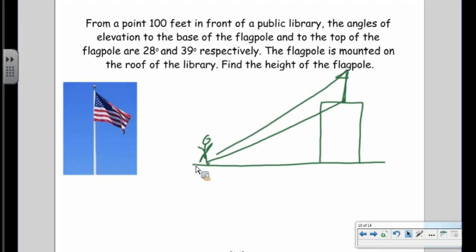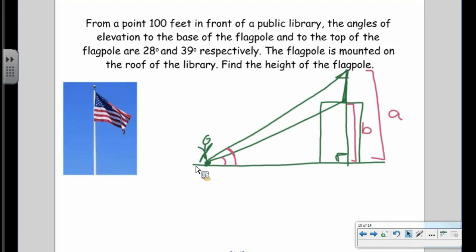So you'll have two right triangles here. You'll have two different angles. This will be one measure, and this will be one measure. Like they said, you're going to find A, you're going to find B, and then you're going to subtract them.